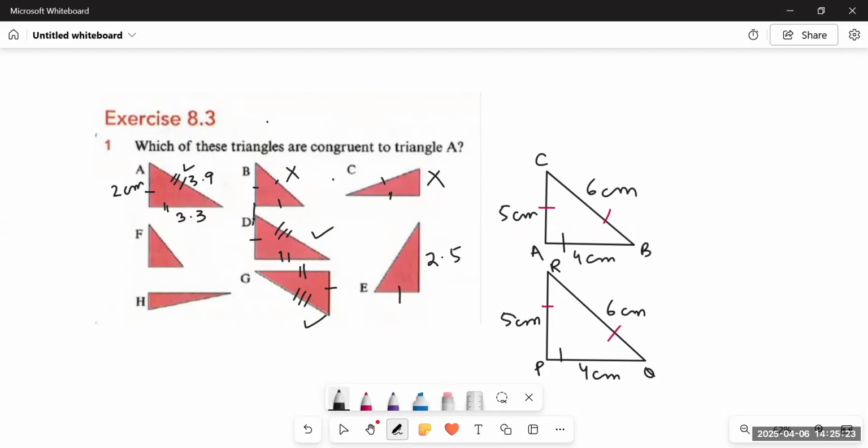And this one is around 3 centimeters. So we cannot say that this one is congruent. Again, this is also not congruent to figure A. Only D and G are congruent to A in this one.